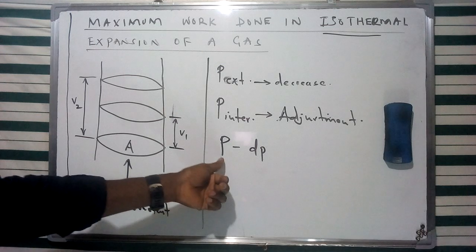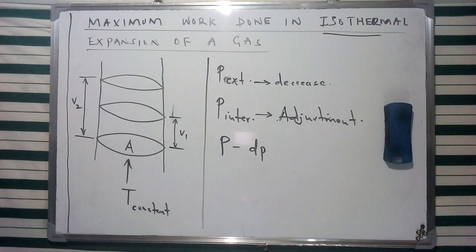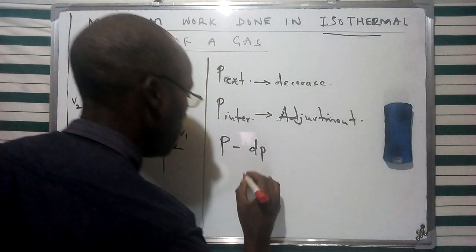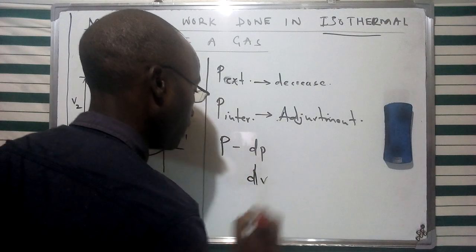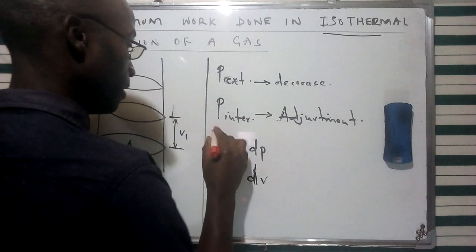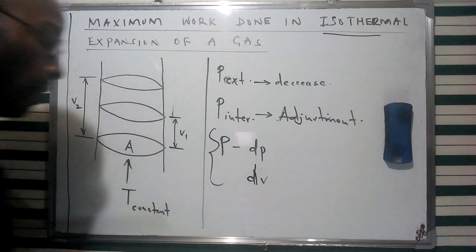So my P is going to represent what we refer to as the internal pressure, and therefore from this aspect we can describe the work that is going to be done when the gas changes its volume by just dV.